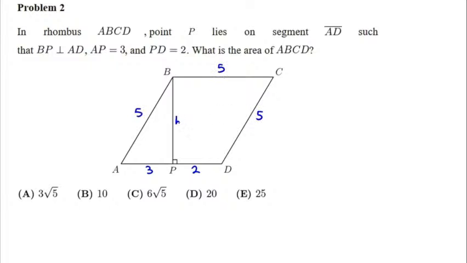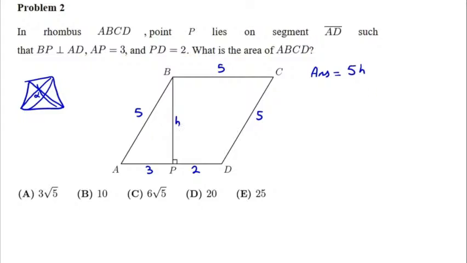And if we call this h, the rhombus is also a parallelogram, then the area is 5 times h. We have also other formulas in quadrilaterals. For example, if you have a general quadrilateral, the area will be the product of diagonals times the sine of the angle between them, sine alpha.